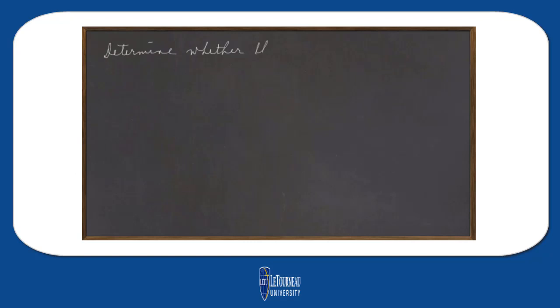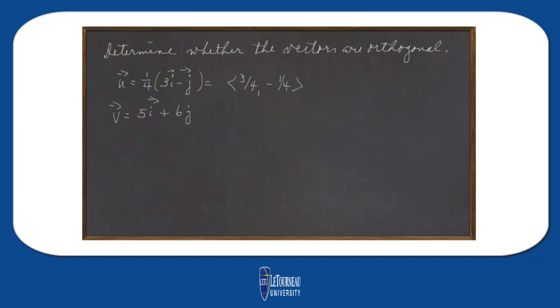Let's determine whether certain vectors are orthogonal. All right, let's suppose that I have u equal to 1/4 of 3i minus j, which of course we know would be 3/4, -1/4, and v equal to 5i plus 6j, which is the vector 5, 6.